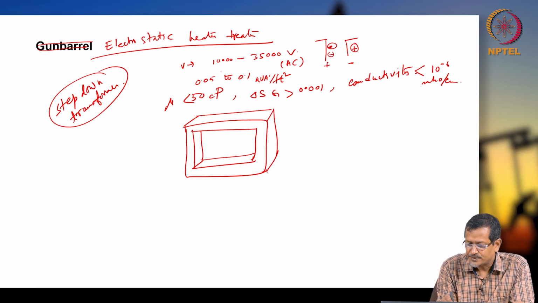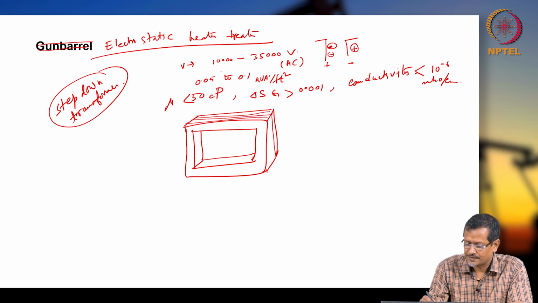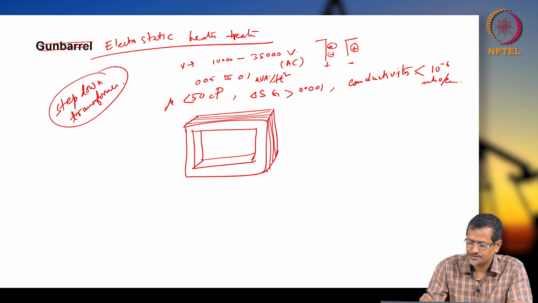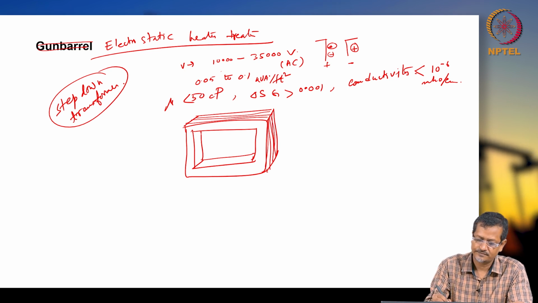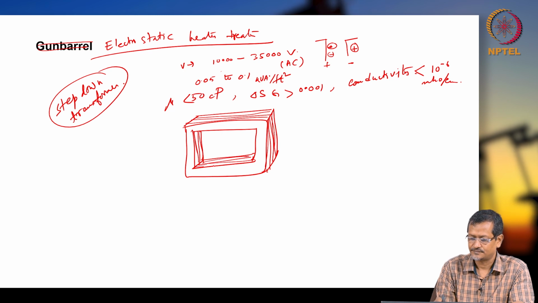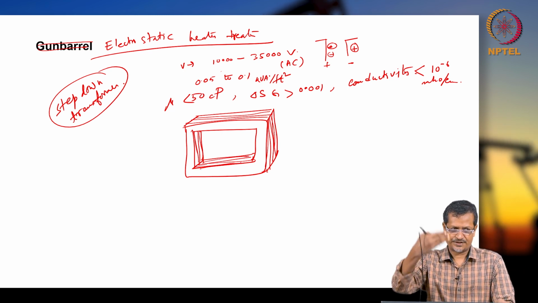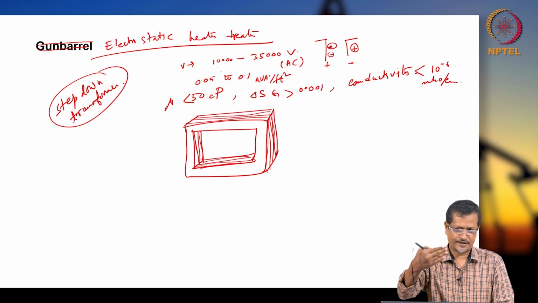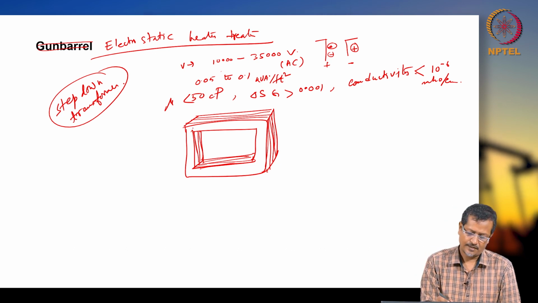Laminated core means lots of thin sheets. You create rectangular thin sheets with a central hole. One sheet, two sheets, three sheets, many sheets you create: a laminated iron core.